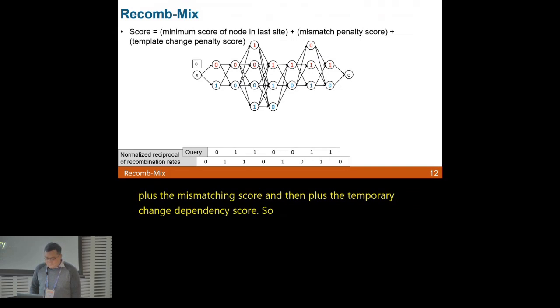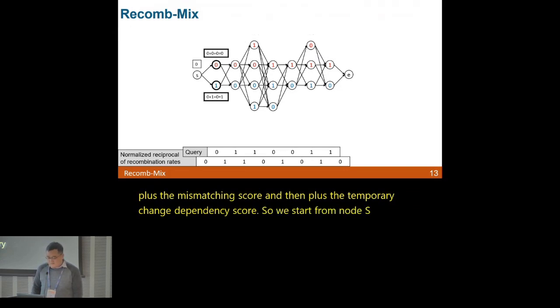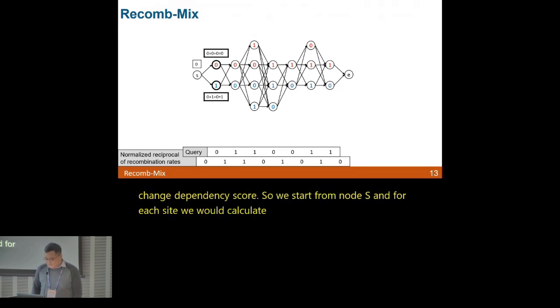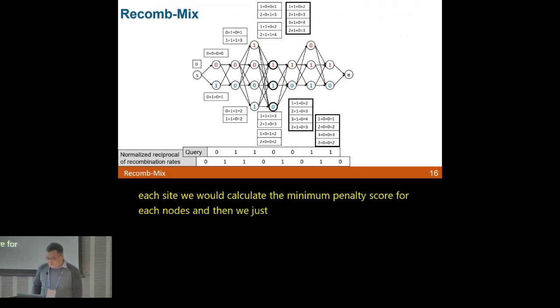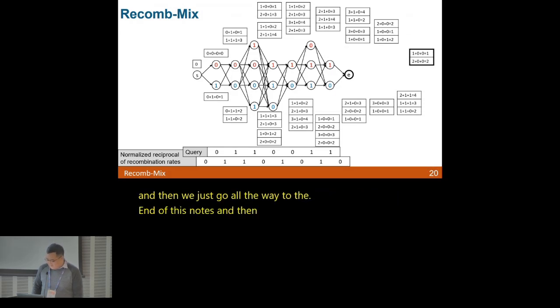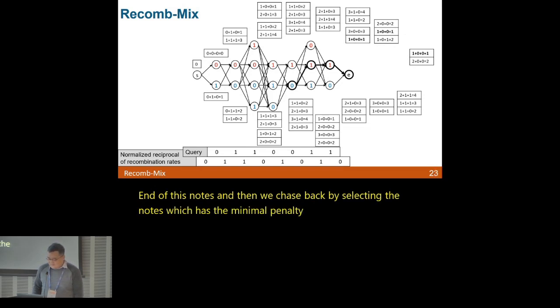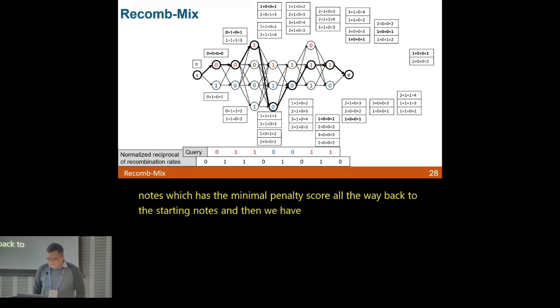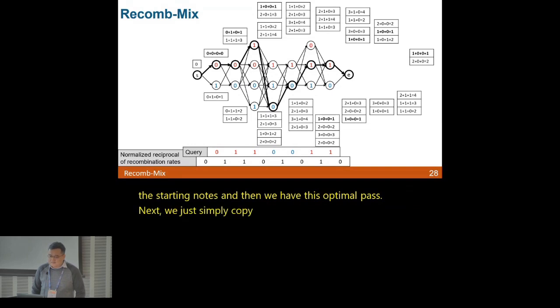We start from node S, and for each site, we calculate the minimum penalty score for each node, and then we go all the way to the end of the nodes, and trace back by selecting the nodes which have the minimal penalty score, all the way back to the starting node, and then we have this optimal path. Next, we simply copy the ancestral population label from the nodes on the path to the mixed haplotype query.